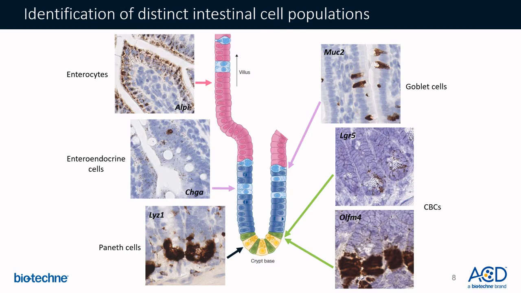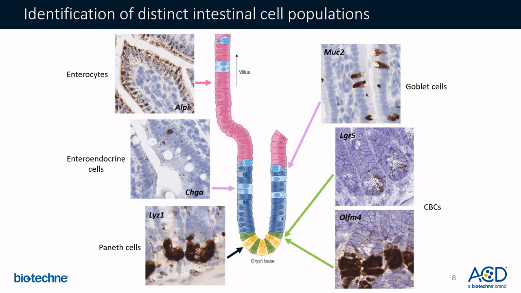So this is some in-house data where we wanted to visualize the spatial orientation of the Lgr5 positive cell population within the intestinal epithelium. We used the RNAscope probes designed against known markers of several cell populations in the small intestine.